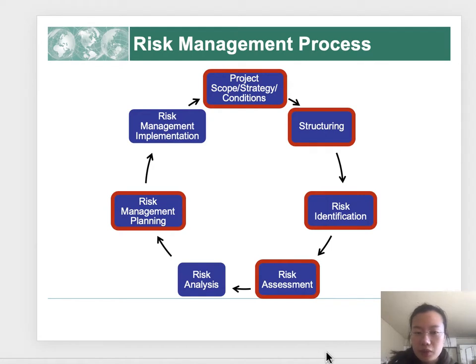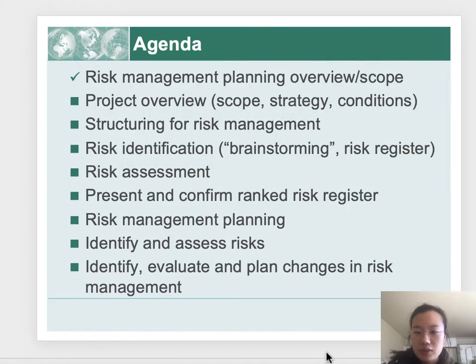The risk management process often has 7 steps, like a circle, which starts with risk management planning overview or scope.